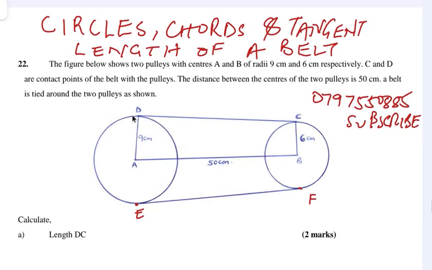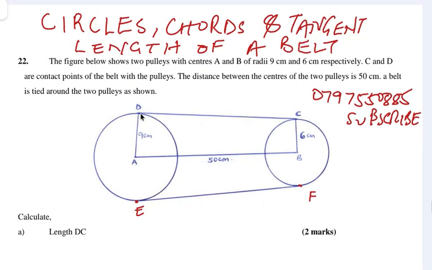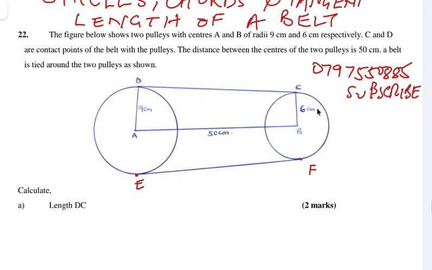Waona kila question is connected to another. Without this you can't get the length of the belt. Also without this and this you can't find the length of the belt, because the length of the belt is brought upon by this arc DE plus these two lengths DC and EF, which are the same, plus the arc CF. Okay, so let us start solving this question.